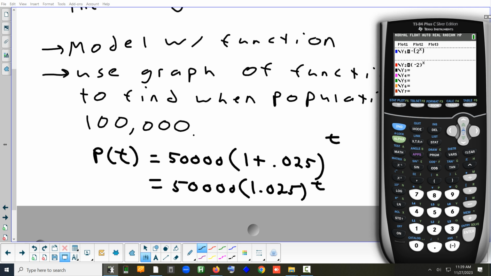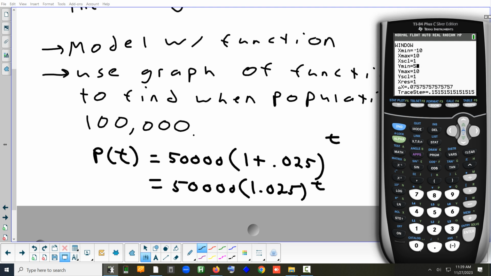All right. So when we graph it, I'm going to type it in on Y1: 50,000 times 1.025. Remember, you always have to use X as the variable when you type it in. Okay, what's the minimum amount of people we're going to have? 50,000. It's only going to grow from there.